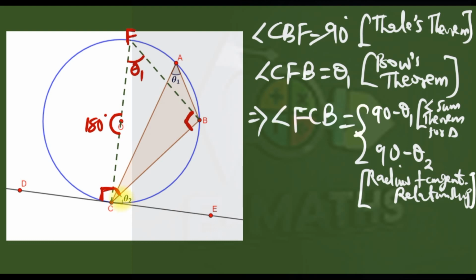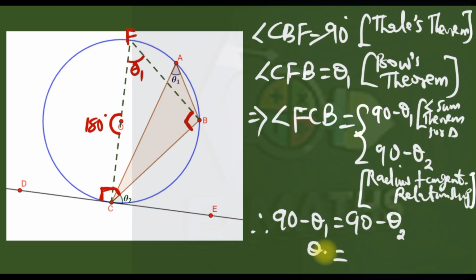Since here is θ2, here should be 90 minus θ2. So this angle is that same angle. It implies that 90 minus θ1 is the same as 90 minus θ2. So we can see that θ1 is equal to θ2. That's it, we've proved that θ1 is equal to θ2.